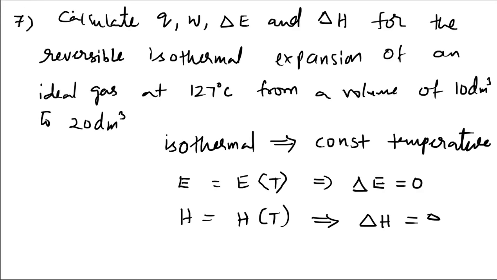Now what is the heat Q? Let's find out. Let's use delta E equal to Q plus W, which is the first law of thermodynamics. So delta E value must be substituted here. What we learned in the very beginning of the problem, there is no temperature change, therefore there will be no change in the internal energy of the gas.